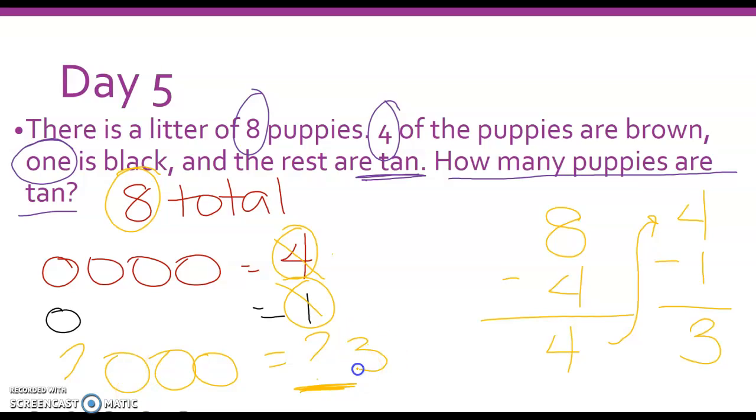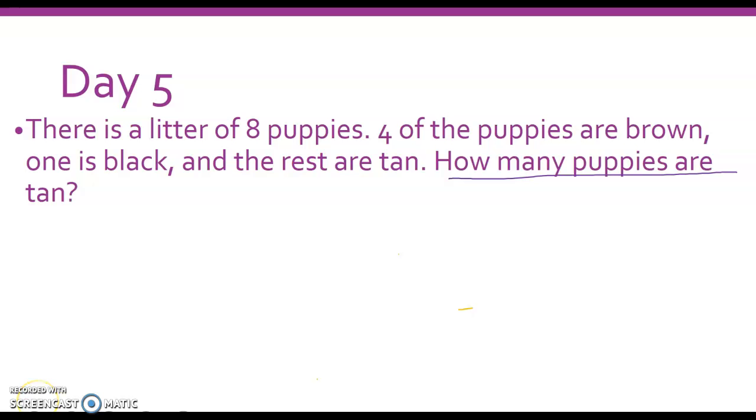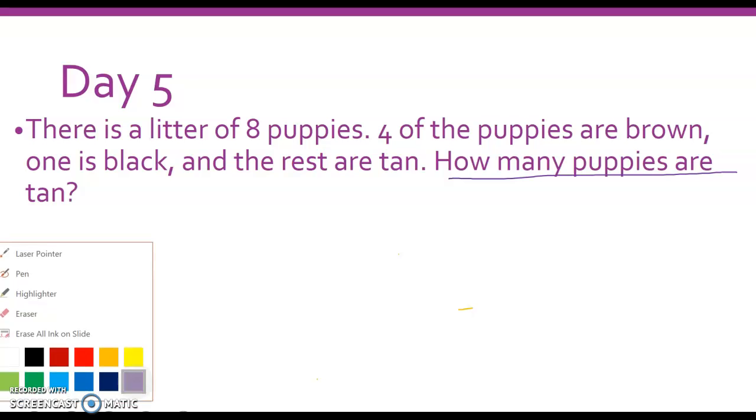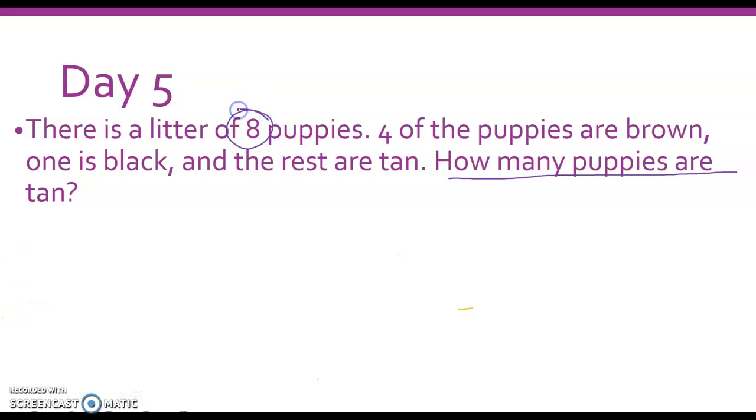Now a way to check this is to look at the numbers that you know about. 8, 4, 1. So you know that there's 8 total puppies. You know that 4 of those are brown.